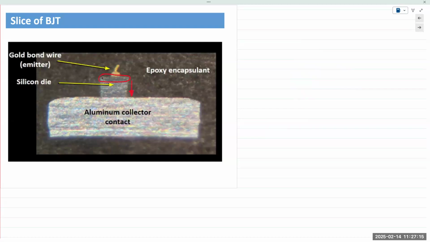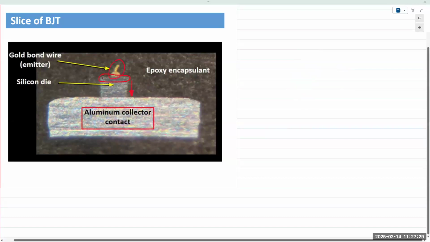The actual transistor is just on the top. The shiny thing right here is the metal that makes contact with the back side. And the front side, of course, we have a gold bonded wire to make connection to our device.